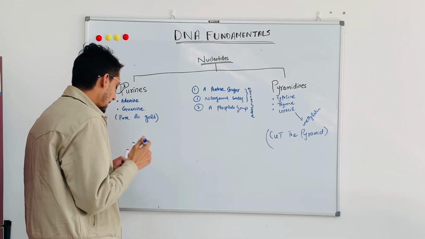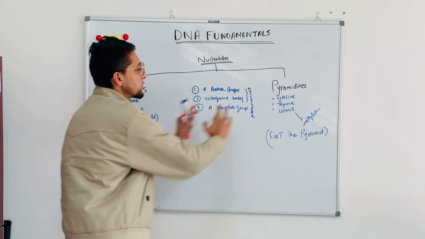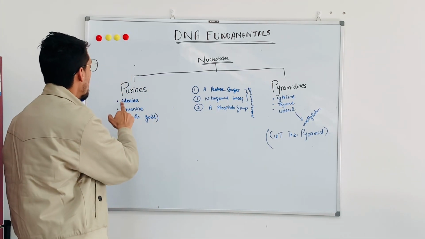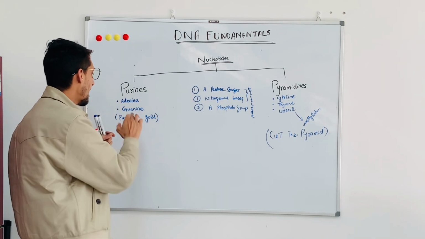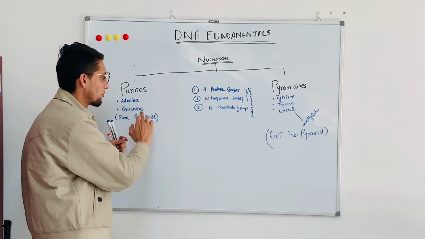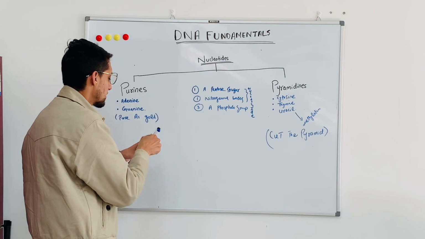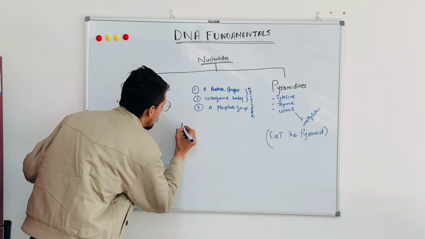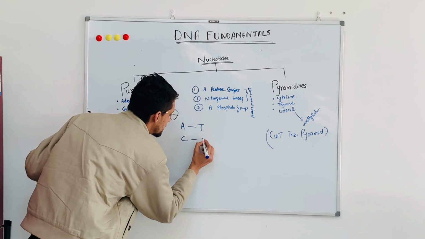So what basically happens, the purine combines with the pyrimidine in a way that adenine always makes a base pair with thymine, and guanine makes a pair with cytosine. A, T, C, G. So I can write it here, A with T and C with G.